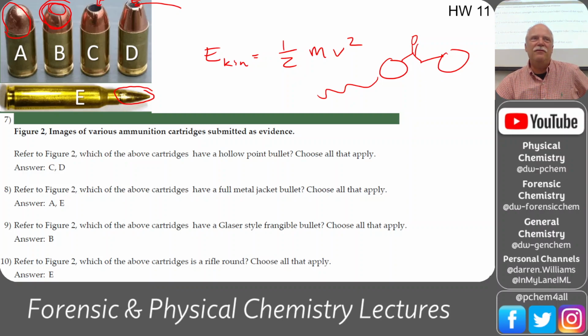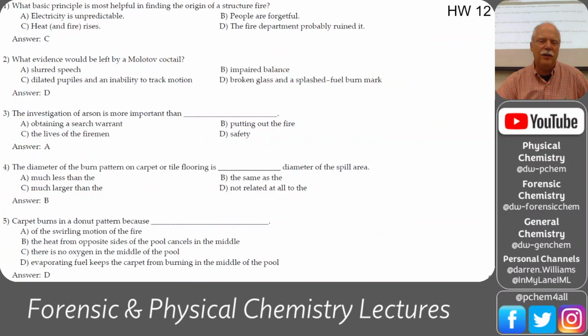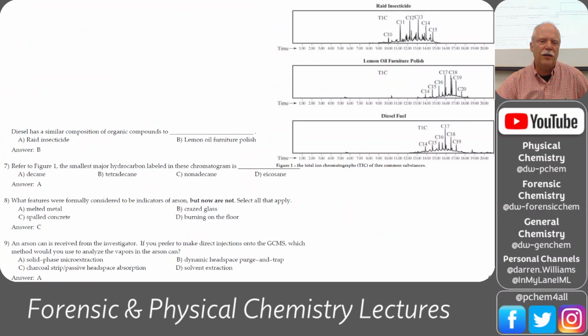Like the indicators that we used to think were arson. I talked about that. I think there's a homework problem about that, like crazed glass, spalled concrete, melted bed springs, and burning on the floor.